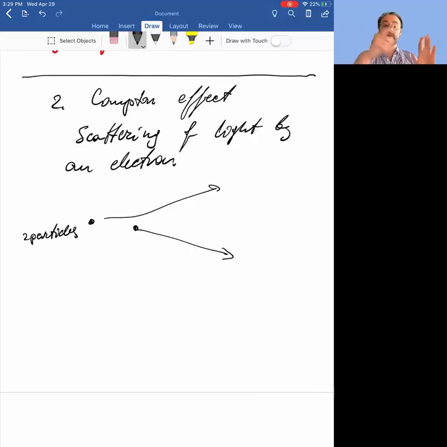Classically, it's a wave of electric and magnetic field, and you would expect the electron to respond to that field. Now the field is periodic, so the electron would do something like that. So that wave shakes the electron at its frequency. Now, when the electron is shaking, it's accelerating, and accelerating charges emit radiation. So in other words, the shaking electron would emit another electromagnetic wave.